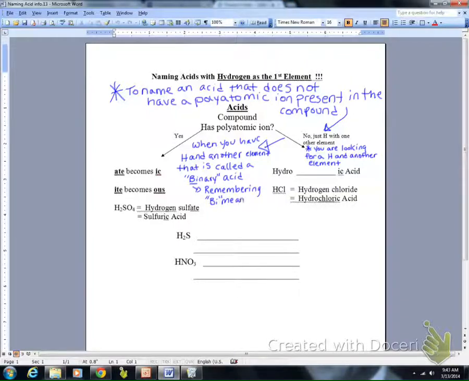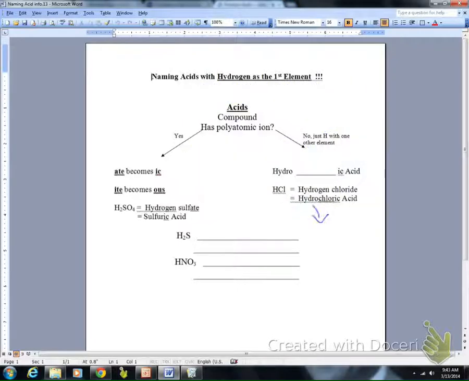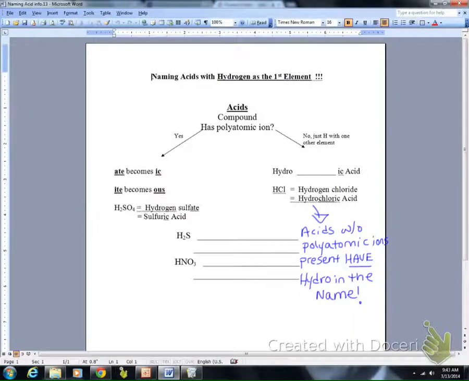Remember, bi means two, so it's two elements present in the compound. Acids without polyatomic ions present have the word hydro in the name. That's a really important marker for you to figure out, if you're just listening to the name of an acid, what's in that compound.